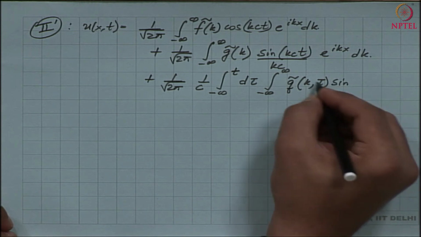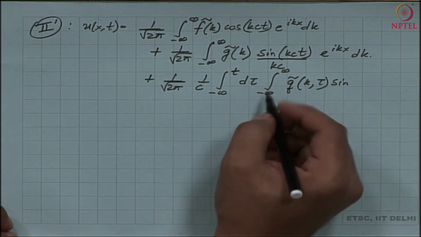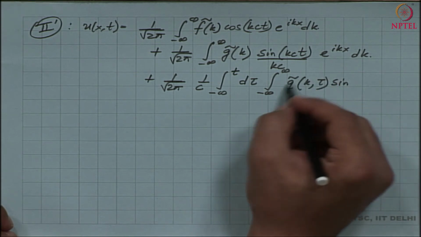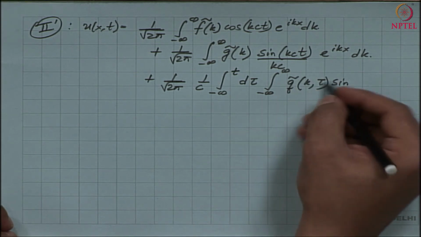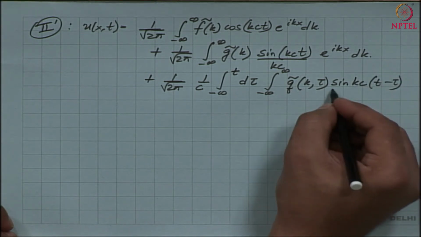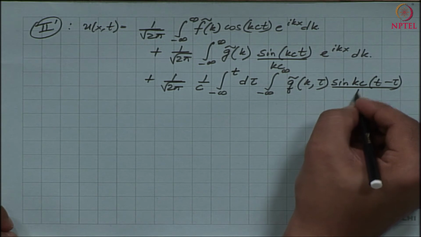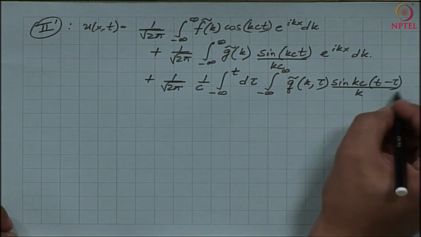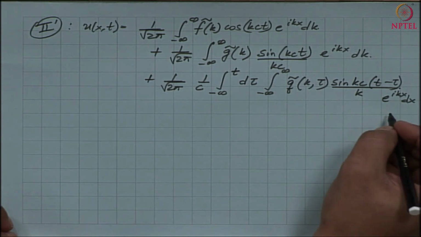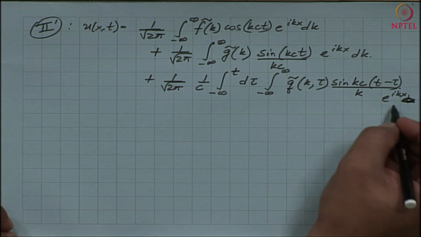I have already interchanged the convolution integral with the Fourier integral. So inside we have the convolution product. So this is sin of k c times t minus tau divided by k, times e to the power I k x dk.